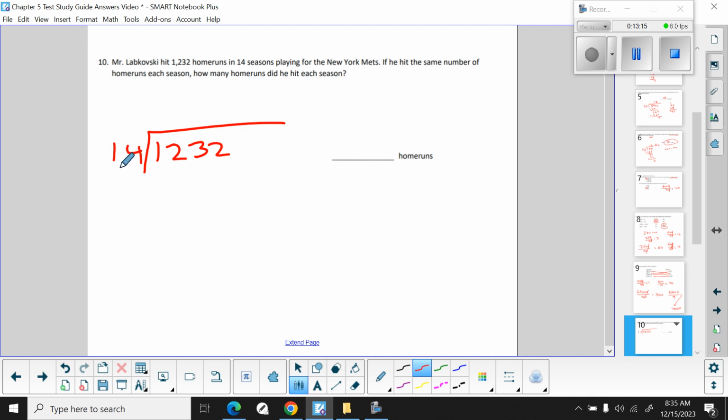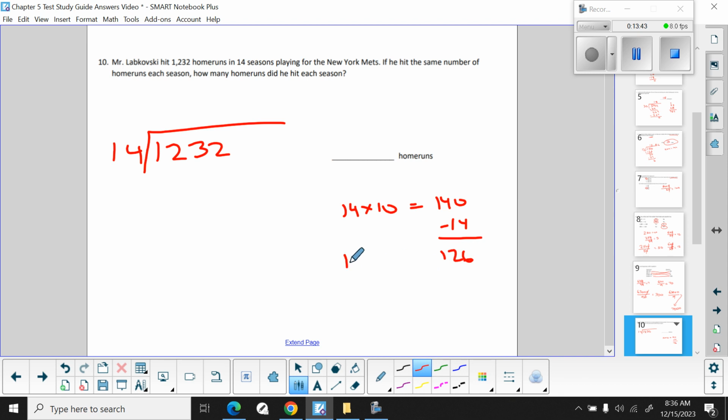Alright, how many times does 14 go into 12? It does not. How many times does 14 go into 123? Well, let's kind of do this a unique way. 14 times 10 is 140. That's obviously too much. Well, if I subtract 14 from that, that would be 130 minus 4 more is 126.